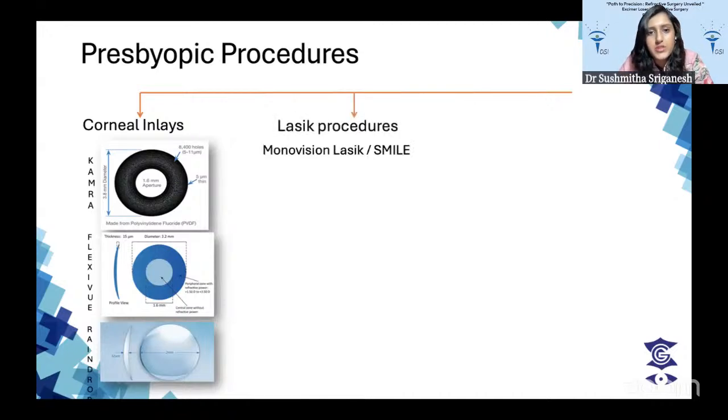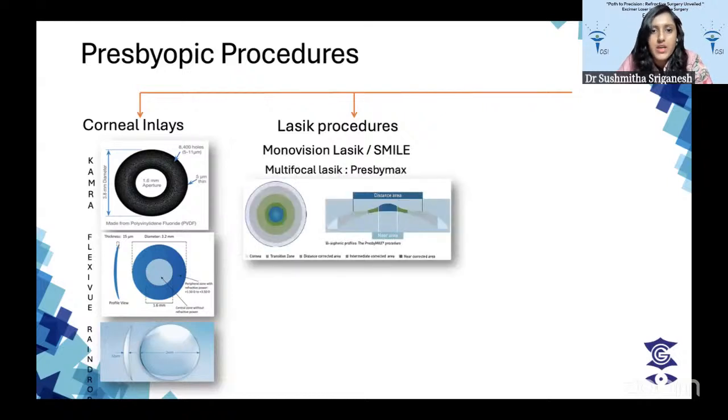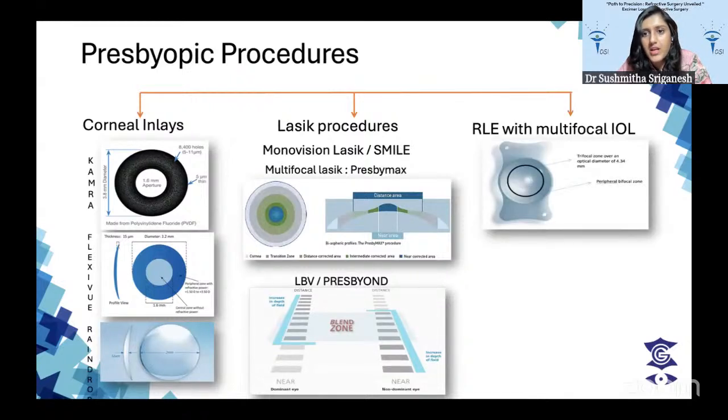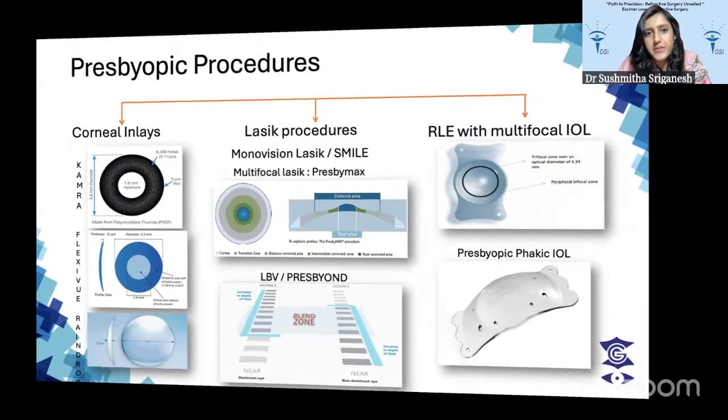Coming to the LASIK procedures, which is the crux of the talk today, we have monovision LASIK or SMILE, multifocal LASIK called Presbymax, and laser blended vision, Presbyond. There are also lens-based procedures such as refractive lens exchange with multifocal IOLs and presbyopic phakic IOLs.